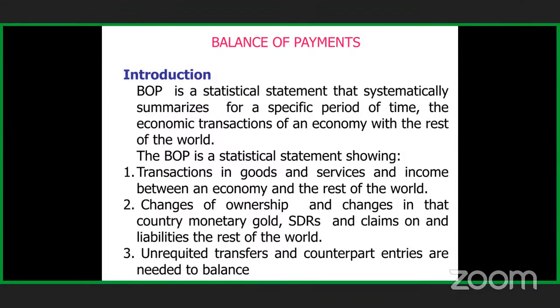But the balance of trade records the transactions arising out of the exports and imports of the visible items. Visible items means physical goods.